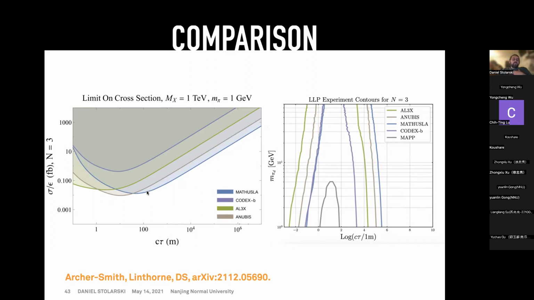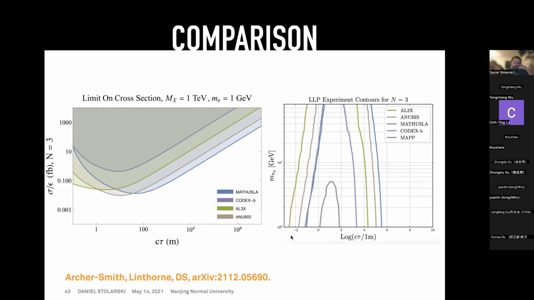You can see that the optimum sensitivity point is different for the different detectors. You can also see that at long lifetimes you should push for MATHUSLA, at intermediate lifetimes, ANUBIS, and at short lifetimes, we've got ALICE. And so they are very complementary. Actually, this is maybe a case that you should be building all of these detectors.